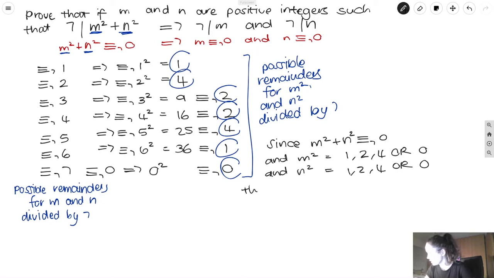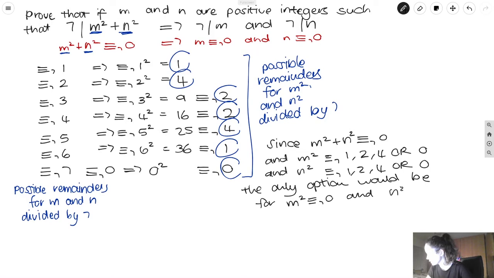The only option would be, this is mod 7, sorry, for m squared to be 0 mod 7 and n squared to be 0 mod 7 too.